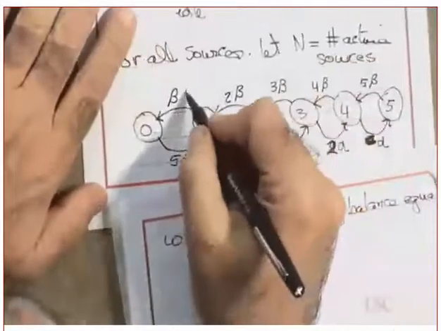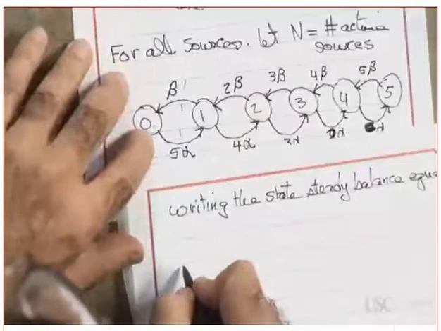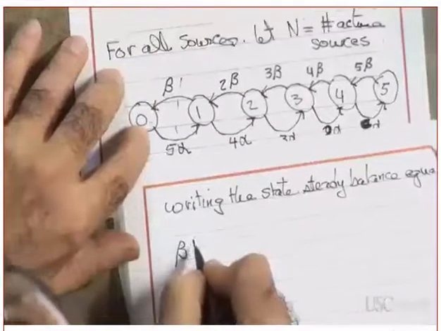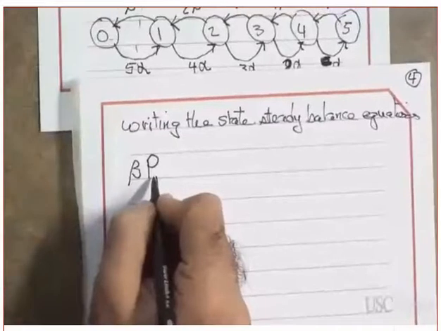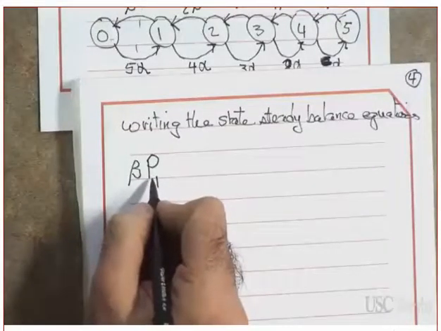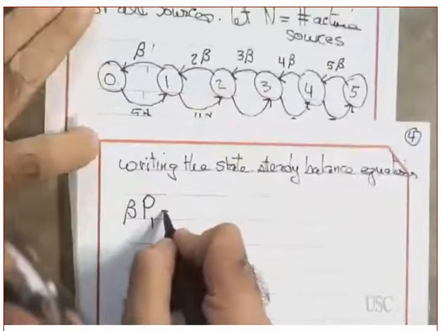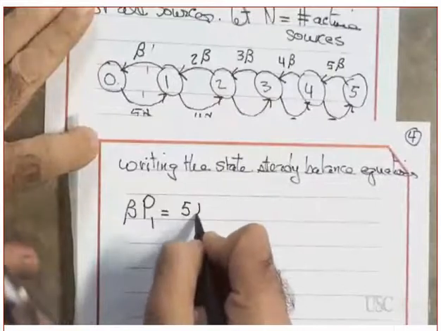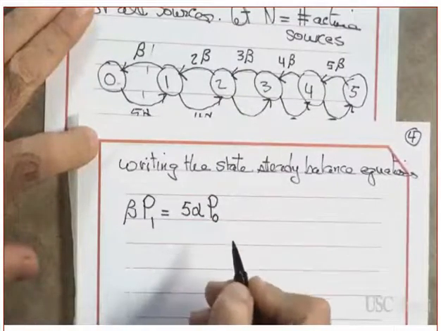Help me. Let's look at this. Here, for example, what do I have? Beta times P1. What does P1 mean? P1 means the probability that there is one active source. Beta times P1 equals 5 alpha times P0.